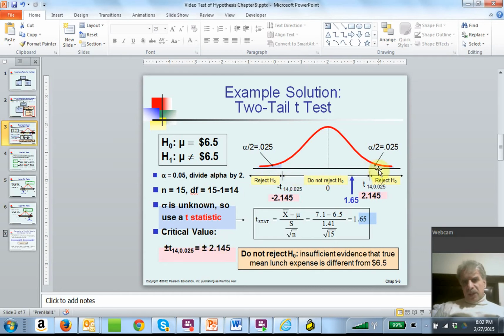So I could construct my rejection region and my acceptance region. Anything more than 2.145 to the right of that is in the rejection region. And anything less than minus 2.145 is also in rejection region. And in between minus 2.145 and plus 2.145 is the non-rejection region.